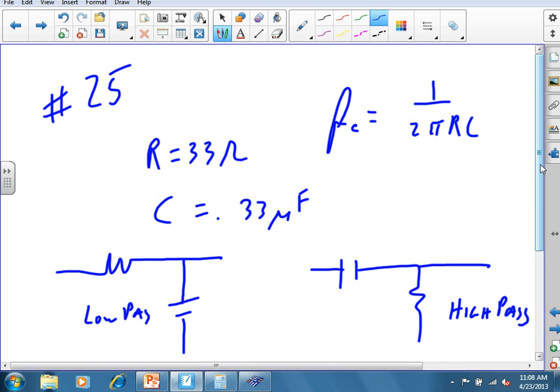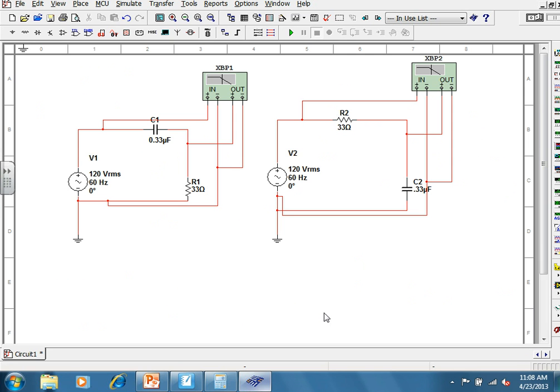Because I hosed myself over and I didn't use parentheses. Okay, there we go. So my critical frequency is 14.6 K. So that's where the 3 dB down point should be.